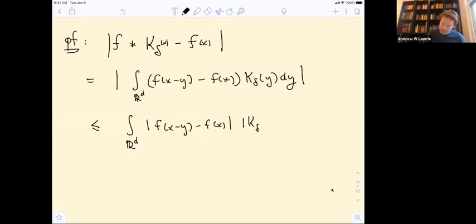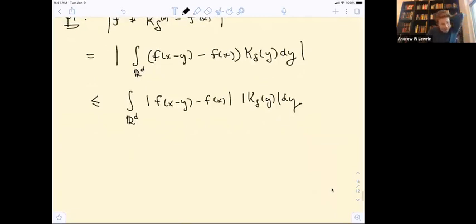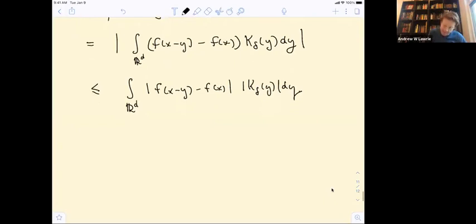Okay, so now we're going to analyze this integral by splitting it into the following regions.